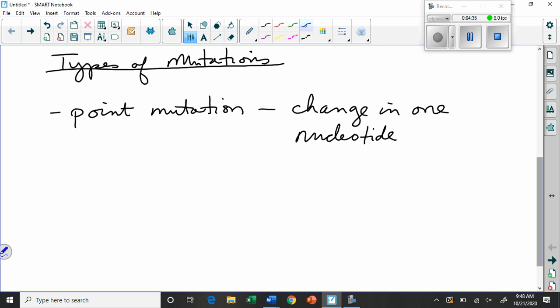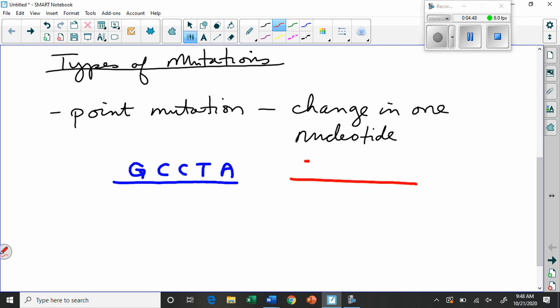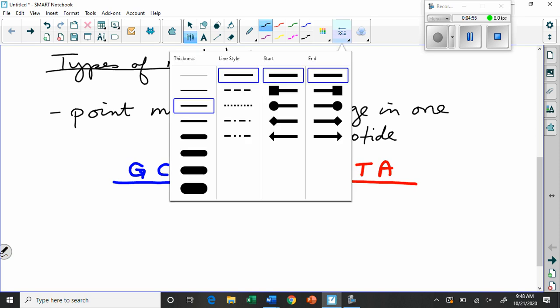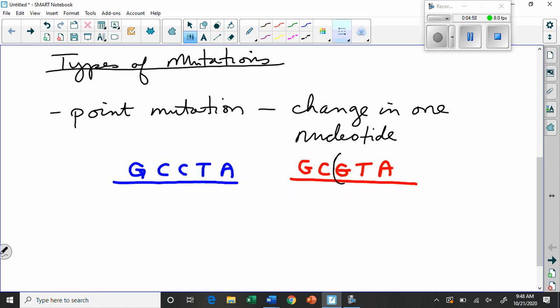If we were imagining this, our good DNA would have perhaps G C C T A, and a point mutation would show up as G C G T A. So we take our black here and we circle a single spot where a base has been changed. That's called a point mutation when that happens.